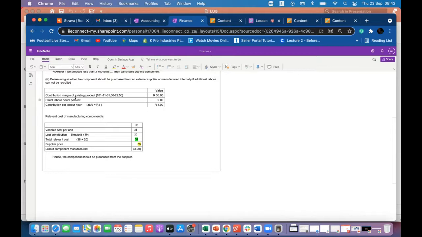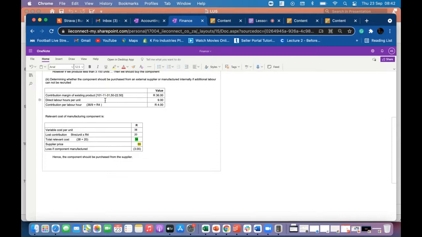So they're saying the contribution margin of the existing product, in other words, the product that the labor is being allocated to. They told us the selling price is 101. Then what we want to do is remove the variable costs to get the marginal income, or the contribution, per product.